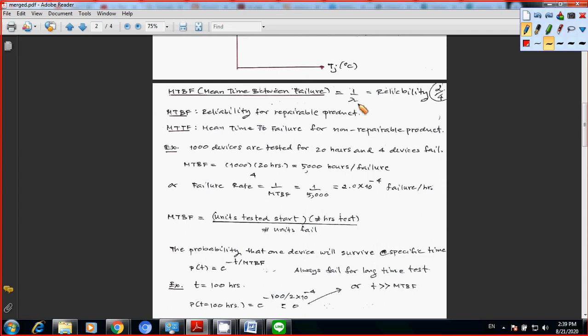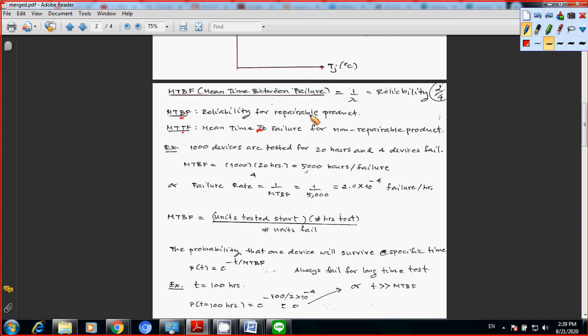You might have seen MTBF and MTTF. Well, the T in MTTF stands for "to", but the B in MTBF stands for "between".